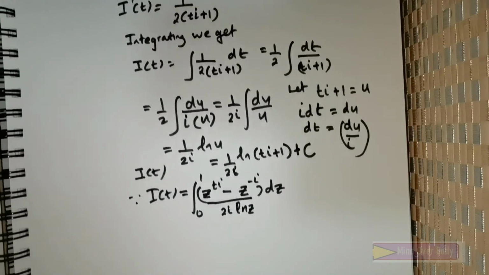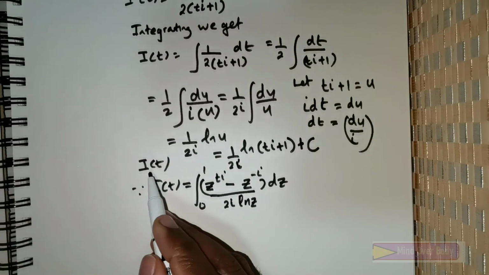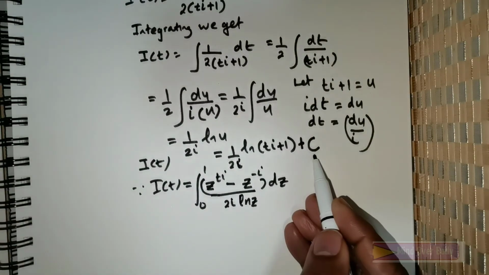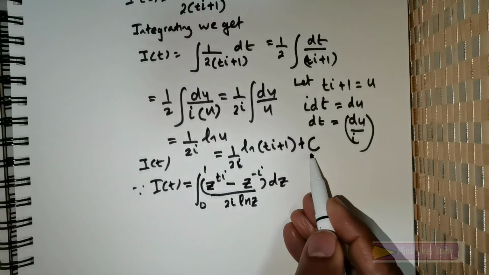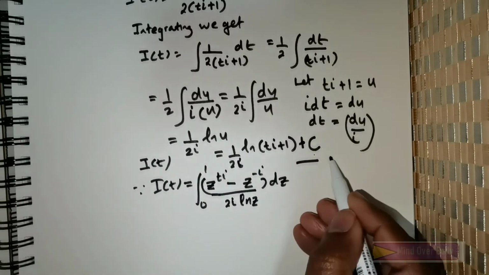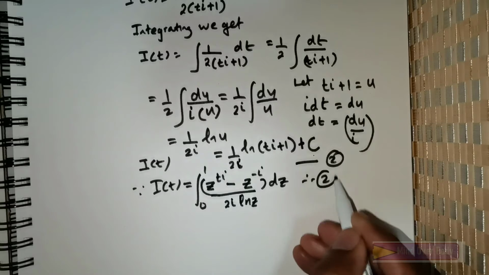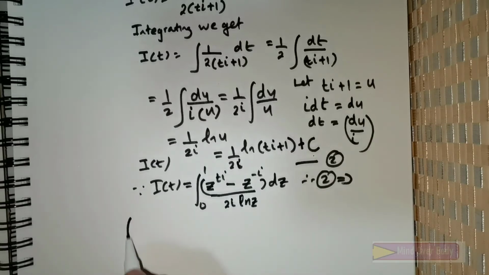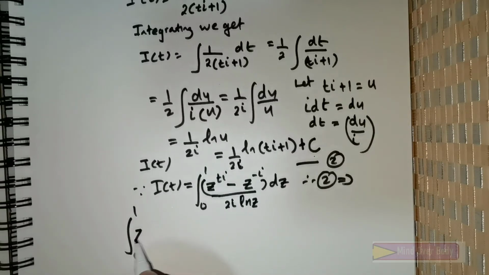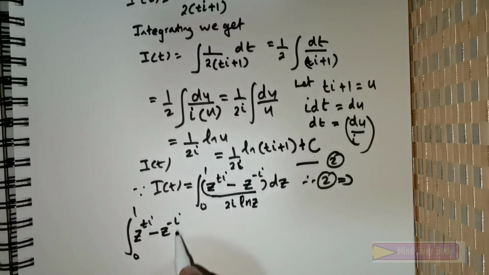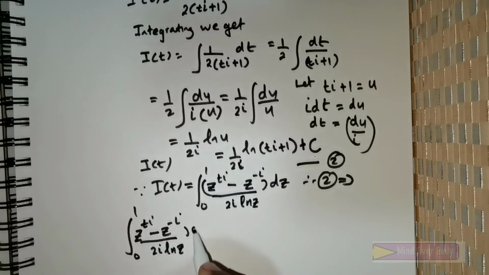This is my I of t. So we need to know this arbitrary constant c. So if I were to take this as 2, therefore 2 can be rewritten as integral 0 to 1 z raised to the power ti minus z raised to the power negative i divided by 2 times i ln z times dz on the left.